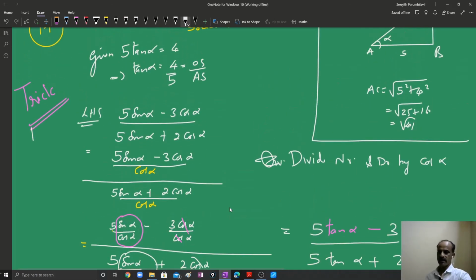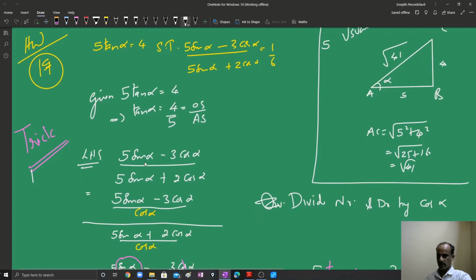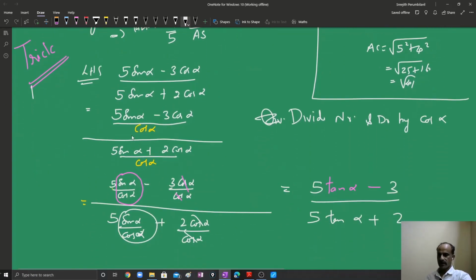So directly we are applying this. When you are doing this, it may sound a little longer, but in actual calculation this will be shorter. You try this and see. These steps you can skip. Directly from this you can write sin by cos as tan.